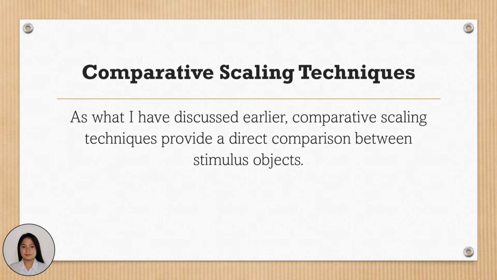Ang isa sa mga advantage ng comparative scaling ay madaling gawin ng mga researchers at mabilis naman sagutin ng mga respondents. However, as the data gathered using this technique is mostly ordinal, it lacks distance and origin properties and therefore does not provide possibility of carrying out various advanced statistical techniques.